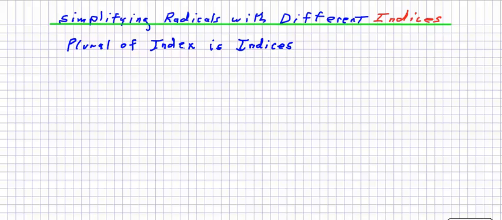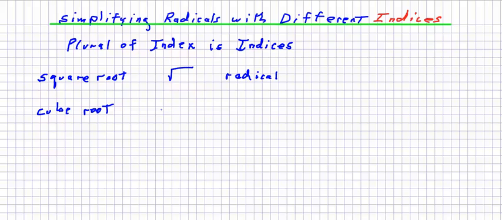When we're talking about the square root of a number, we use the radical symbol. That's a radical. If we want the cube root, we make a radical symbol like this, and we have a little 3 right there.